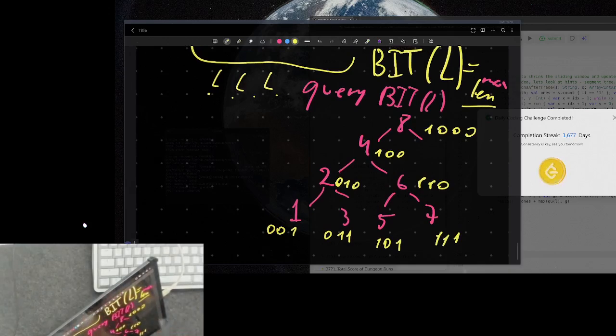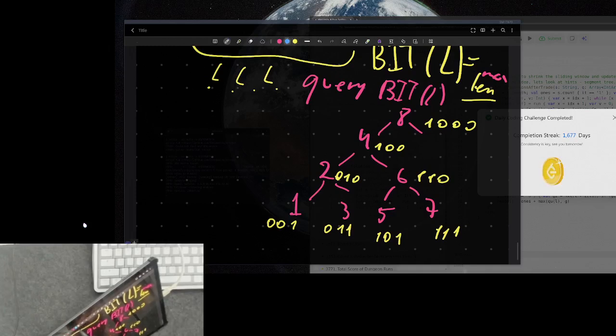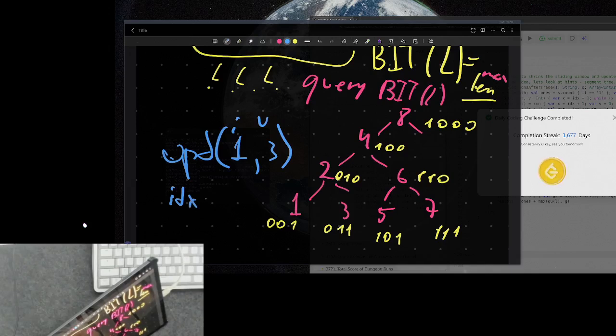If we do the update operation at position 1, we put the value 3. We go with idx equal 1 plus 1 equal 2, start from this, and we put the value 3.